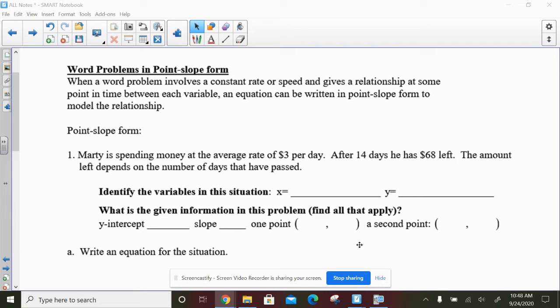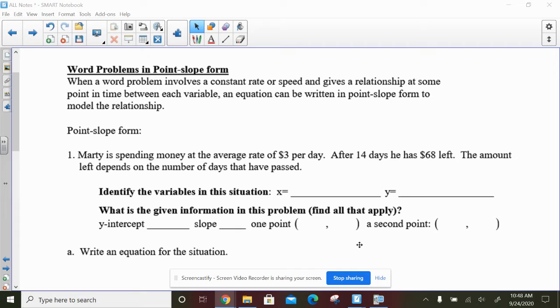All right, so now we're going to look at a few word problems that would require point slope form. When it involves a constant rate or speed and gives a relationship at some point in time between each variable, an equation can be written in point slope form.